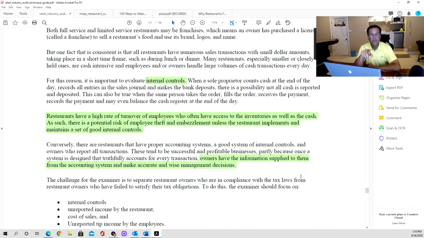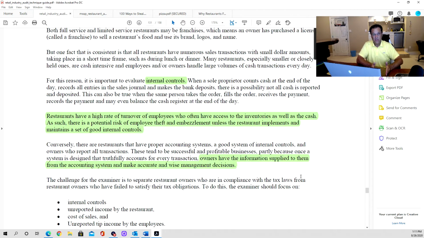So owners have the information supplied to them from the accounting system to make accurate and wise management decisions. That's if you've got a proper accounting system, okay? In the franchise system, there are systems, and those systems have controls in place because the franchisor is relying on those to receive their royalty payments for the brand.